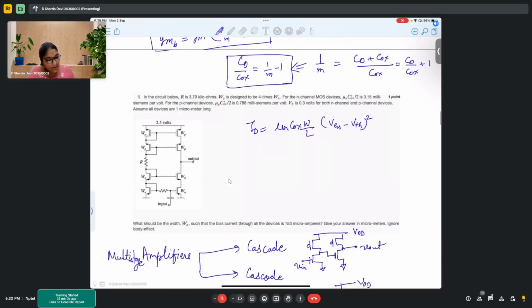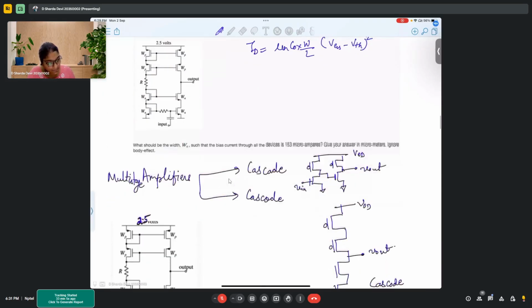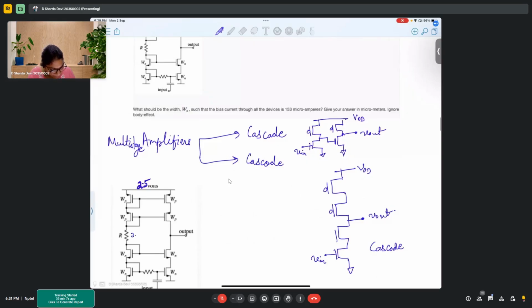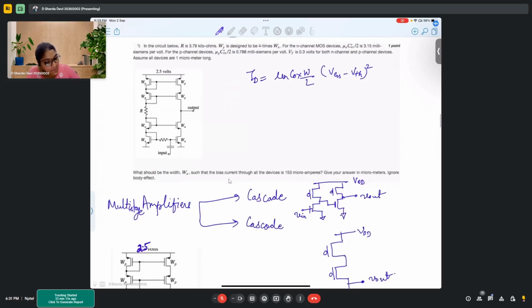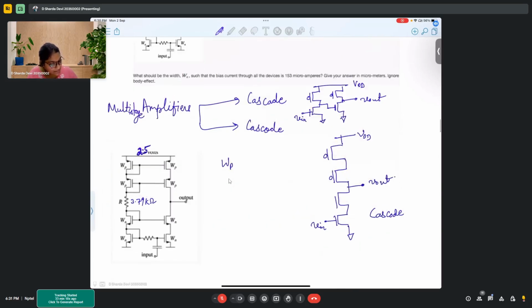So in this particular problem, it says that R is 3.79 kilo ohm.